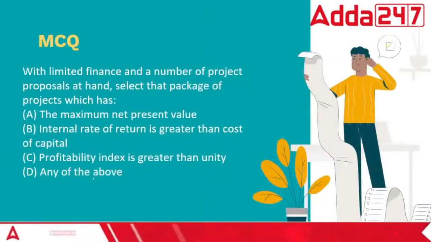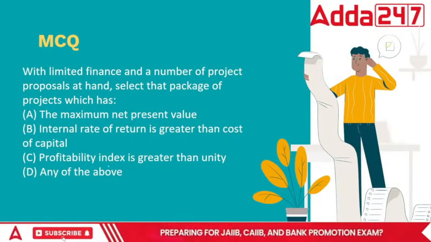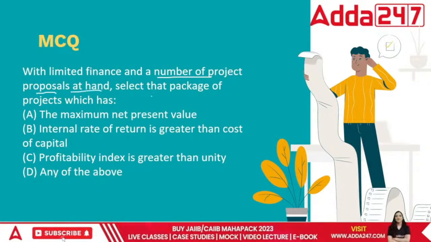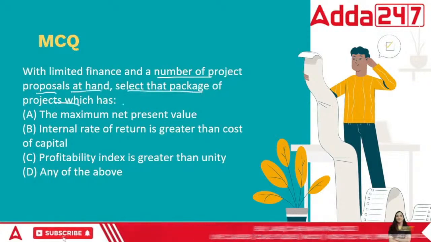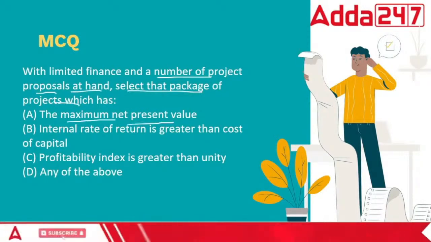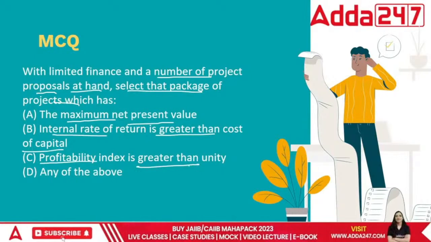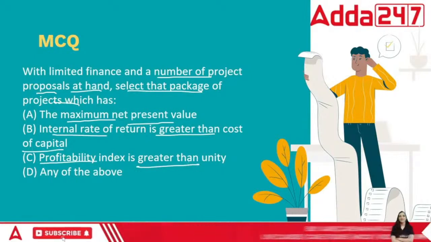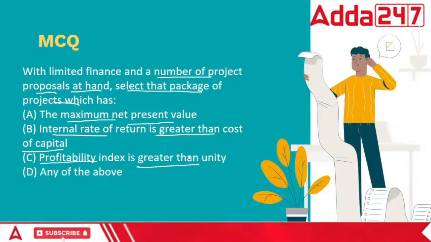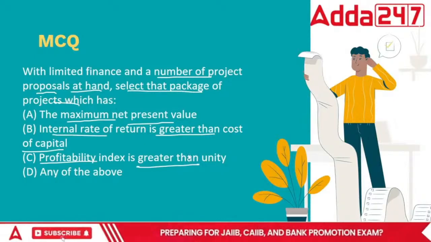Next point. With limited finance and a number of project proposals at hand, select the package of projects which has the maximum NPV, IRR greater than the cost of capital, profitability index greater than unity, or any of the above. Everyone, we are looking to decide on one particular project only.